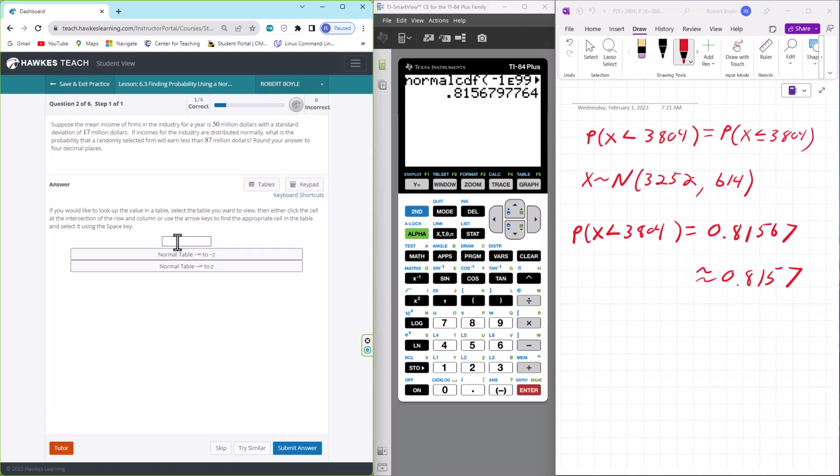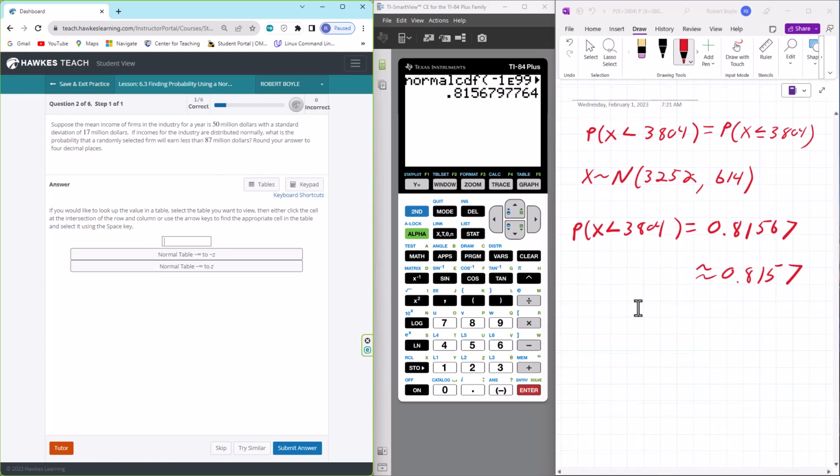Okay, here is our next problem. Suppose the mean income of firms in the industry for a year is $50 million with a standard deviation of $17 million. If the incomes are distributed normally, what is the probability that a randomly selected firm will earn less than $87 million? Now for this one, we are going to use tables.